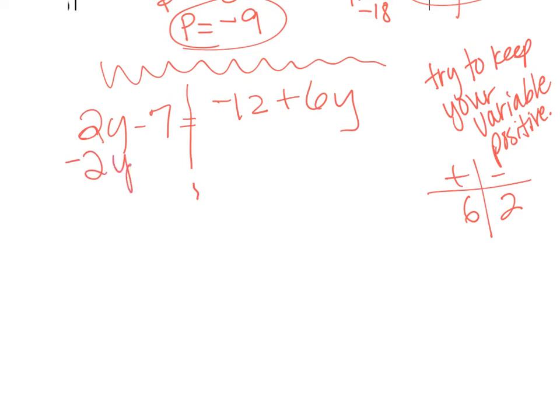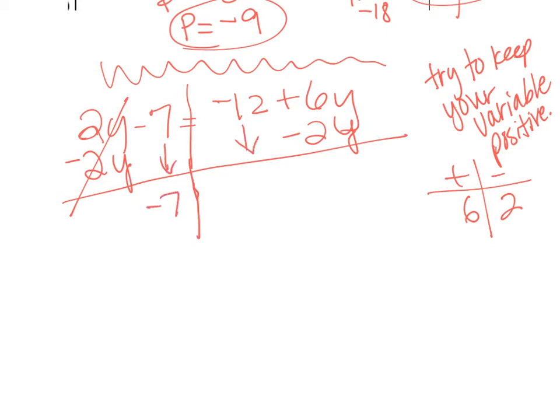Now remember, I'm not separating the 2 and the y, I'm just taking the whole unit and moving it to the other side of the equation. So whatever I do to one side, I have to do to the other. So that cancels, and I just drag down what's left over. So -7 equals -12.